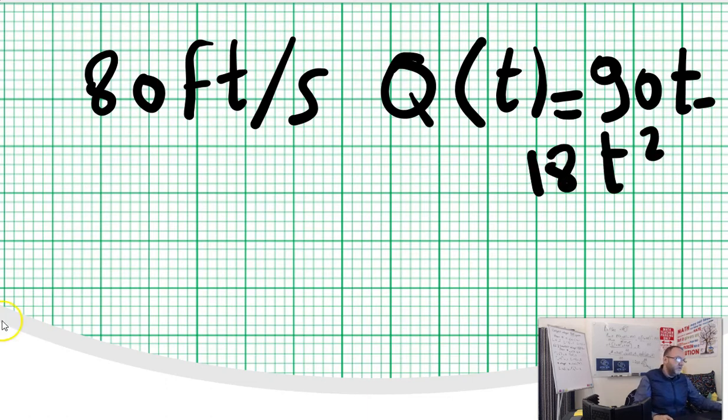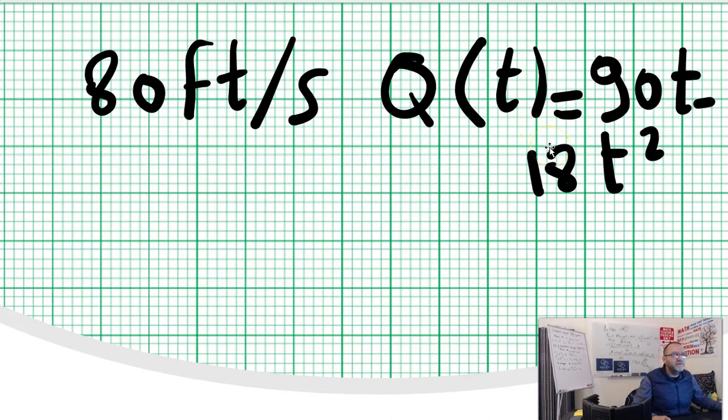So the original equation, f of x, is q of t equals 90t minus 18t squared, t being the time, of course, and the height is in feet, because I did translate this from the metric system. Okay, so the ball actually hit an older lady as it's coming down, and the lady fainted and passed. They didn't say passed out or passed away. I hopefully only passed out.